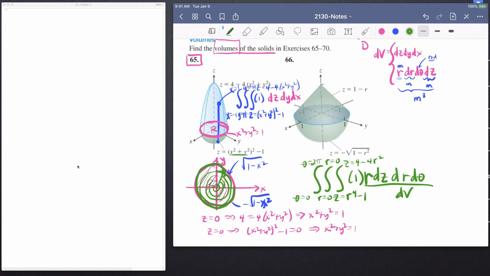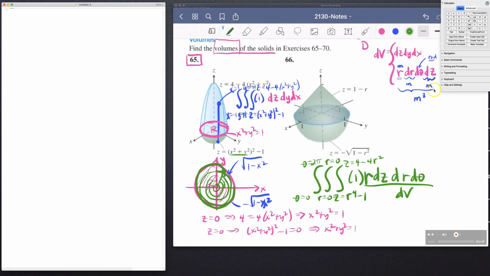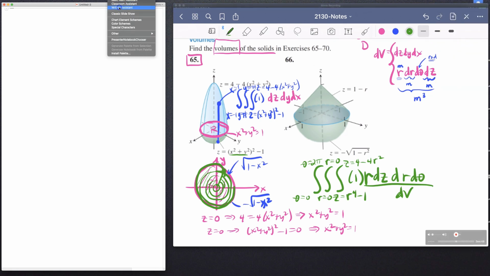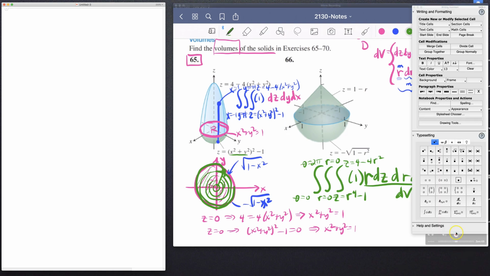Now both of those integrals should evaluate to the same thing. Here we have set up the two integrals. Let me bring up the Palette Writing Assistant so you can see. We'll put them both in and make sure that they come out to be the same value.